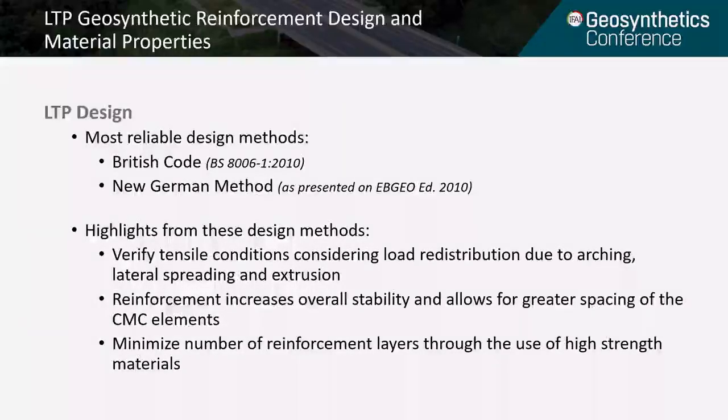The reinforcement increases the overall stability of the embankment and allows for greater spacing of the CMCs. Both methods also agree that it is important for the designer to minimize the number of reinforcement layers through the use of high-strength materials. This is to avoid uneven distribution of stresses, eliminating the risk of overstressing and failure of the geosynthetic.